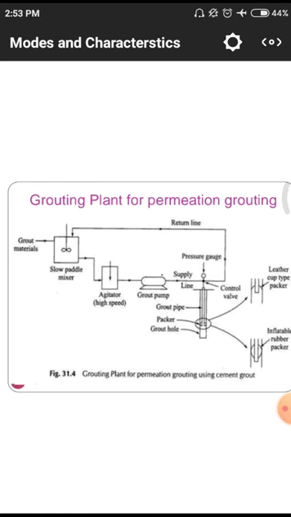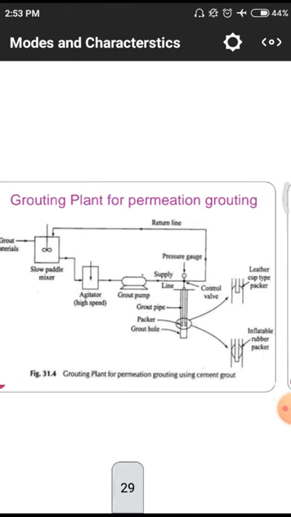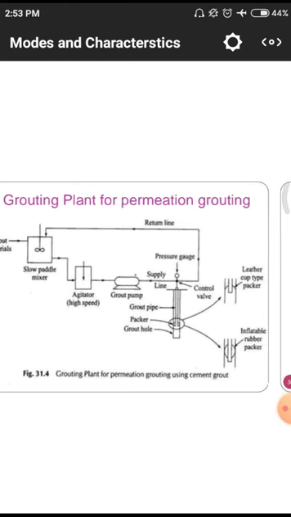If all the material is not properly utilized, then the excess material will be fed back to the top position, that means the first position, into the preliminary tank. Two types of packers we have to utilize: leather cup type packer and inflatable rubber packer. These are the two different kinds we have to utilize.